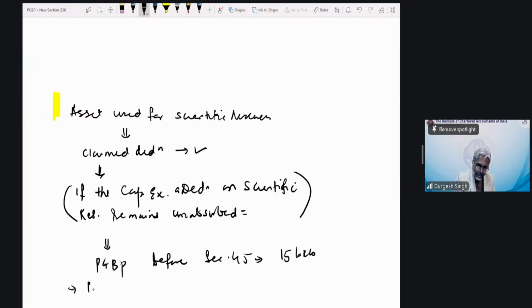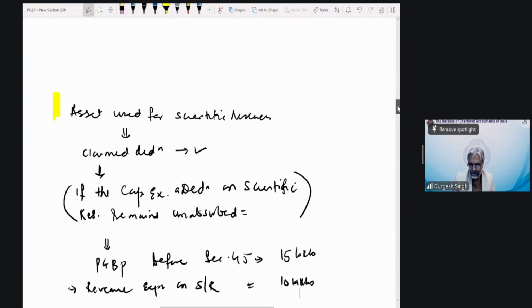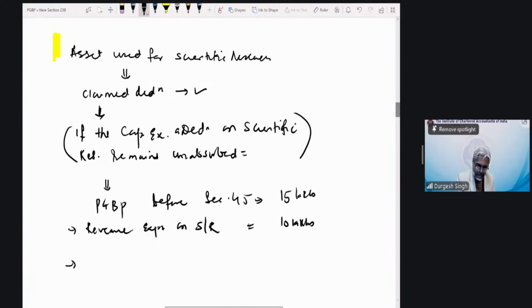Okay. Revenue expenditure on scientific research is say 10 lakhs. Okay. And capital expenditure on scientific research is 25 lakhs.